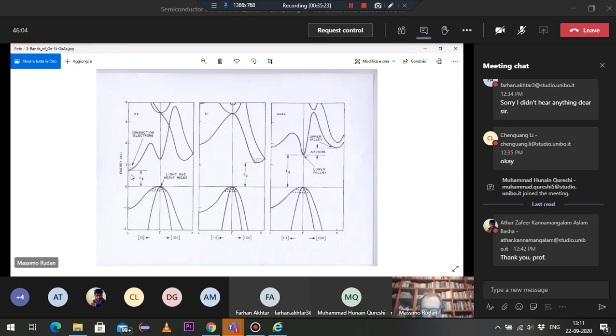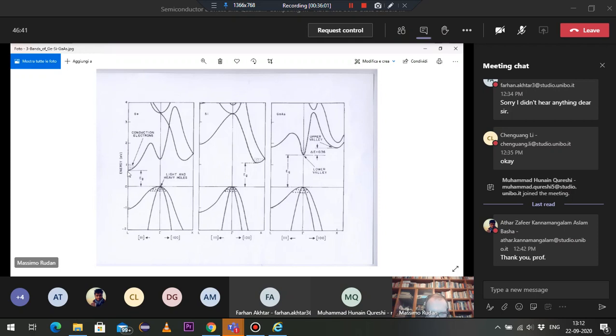You remember the total number of L points in a crystal like silicon or germanium is 8. So germanium has 8 minima instead of the 6 like silicon. There are 8 minima in germanium in the conduction band. However, you see this minimum is exactly at the boundary of the Brillouin zone.